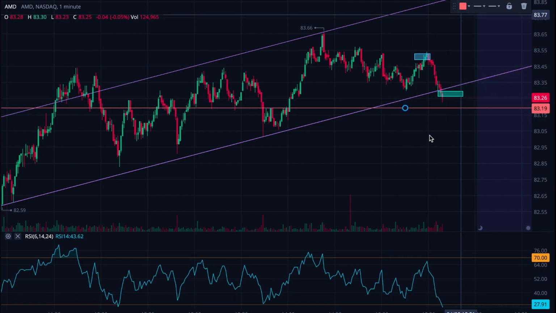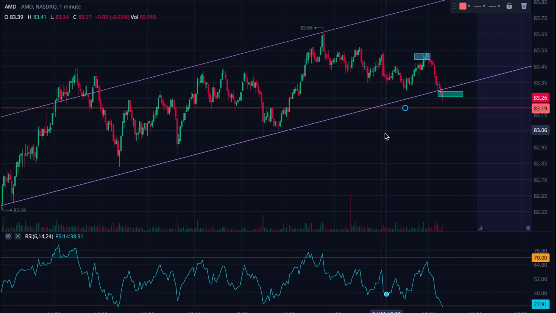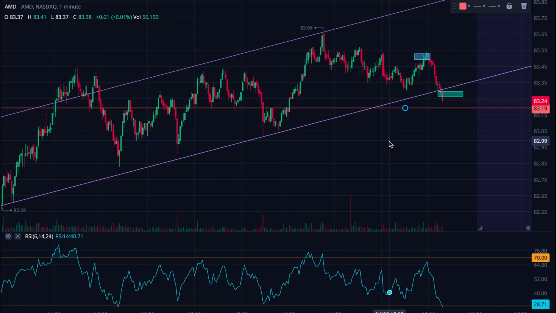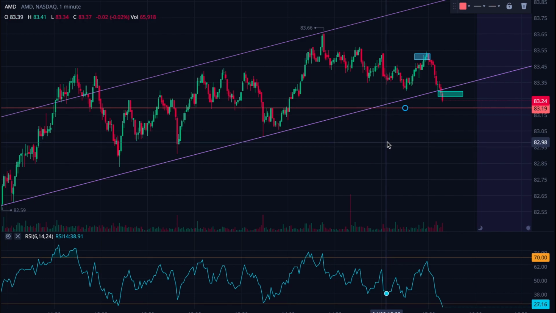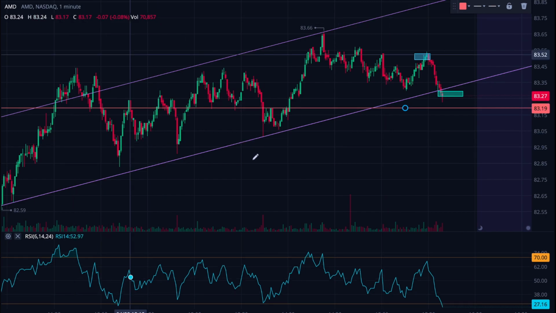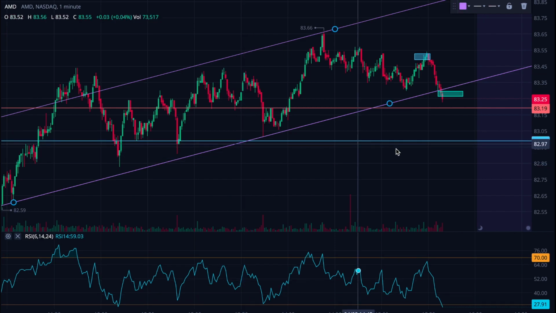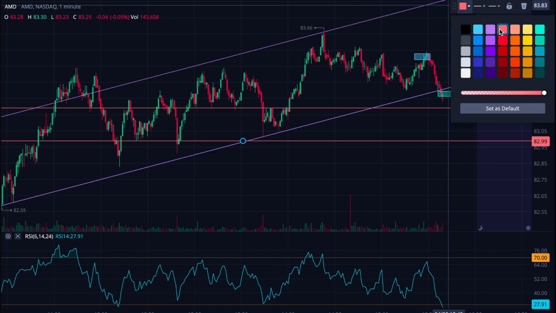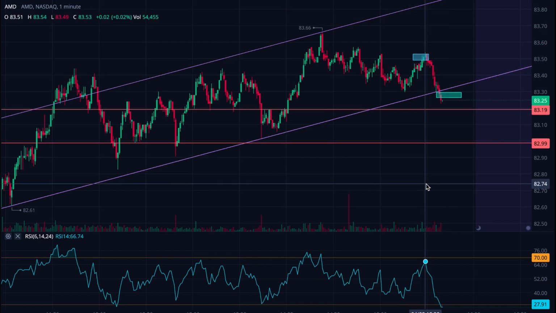If it fell below there and I didn't want to keep as tight of a stop loss, because maybe I'm interested in averaging down or I just have high conviction in this play for some reason, though be very careful with just having conviction for no great reason, I would go maybe down here as my other possible spot for a lower stop loss if you wanted to take it there.